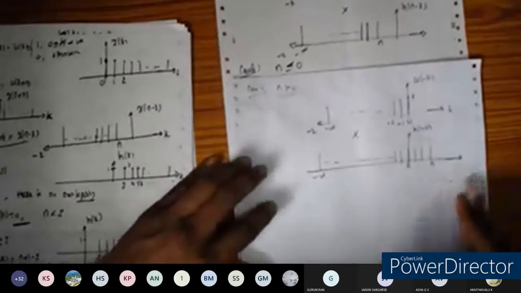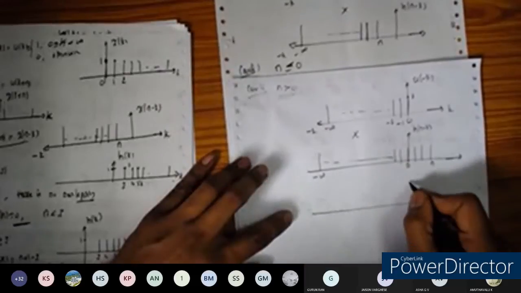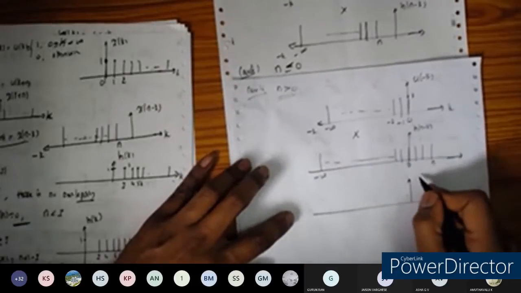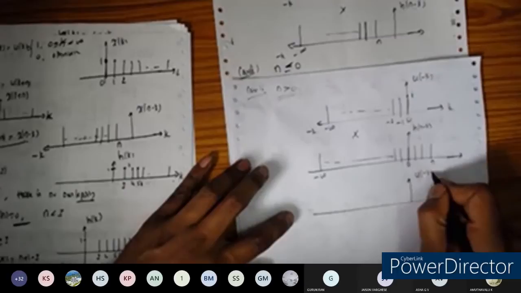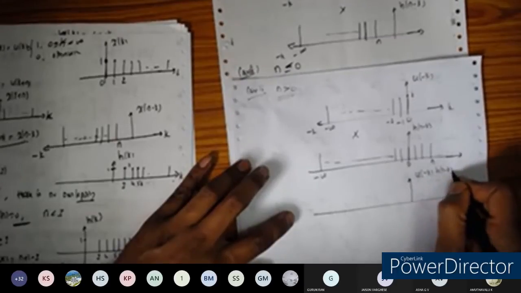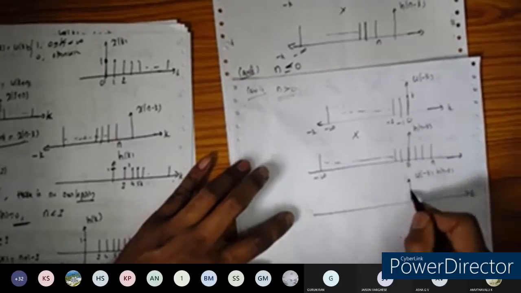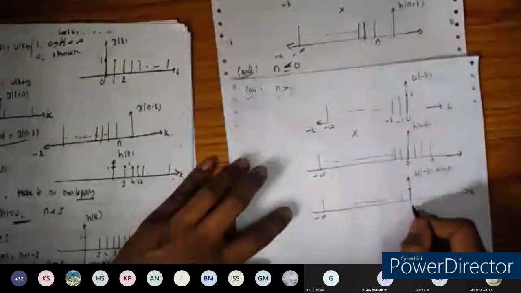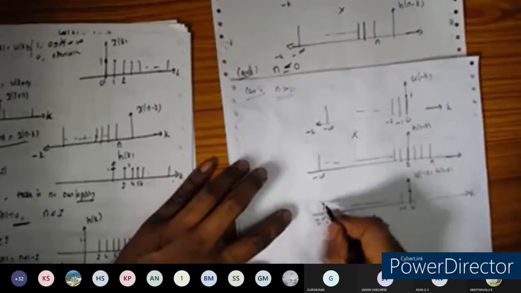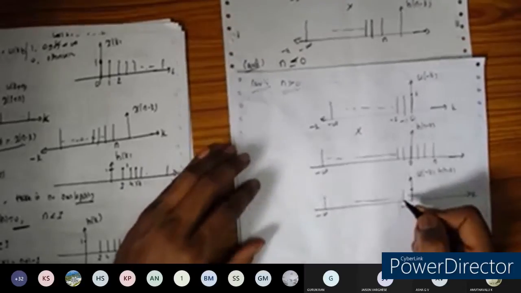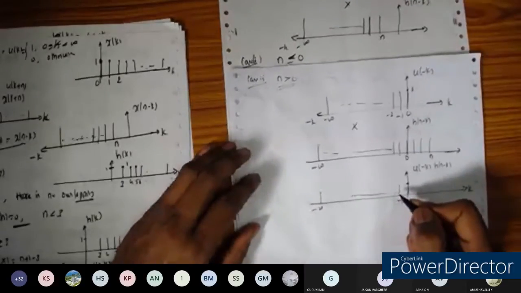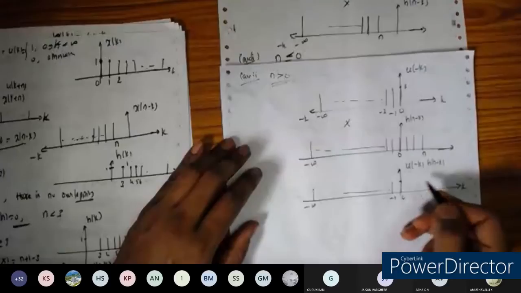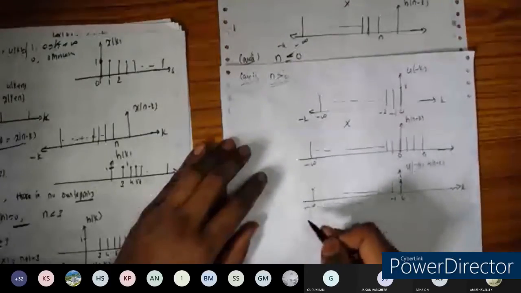So when you take the product, from 0 to minus infinity, that is u of minus k into h of n minus k, this will be equal to 1 from minus infinity up to 0. You can see the video, right? Clarity is there in the video, right?